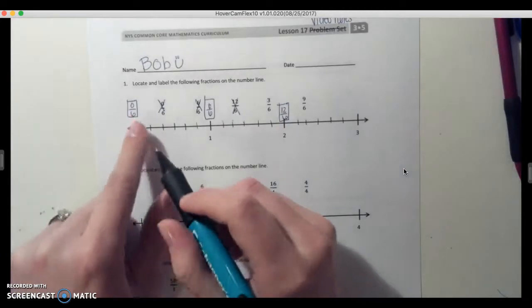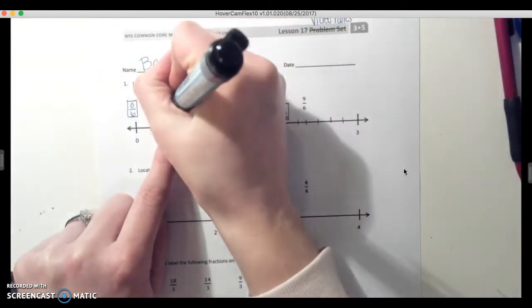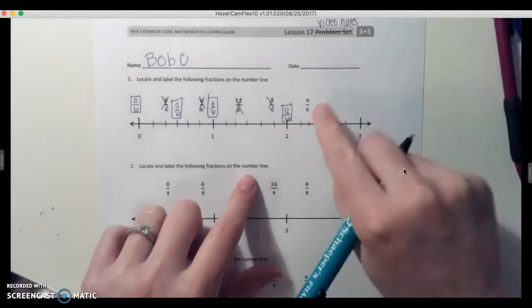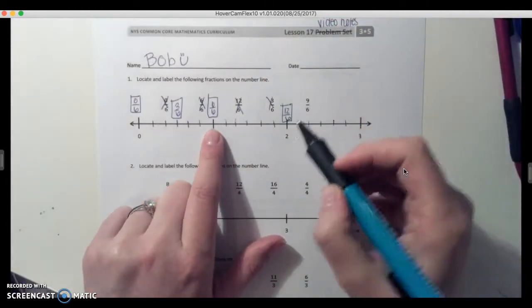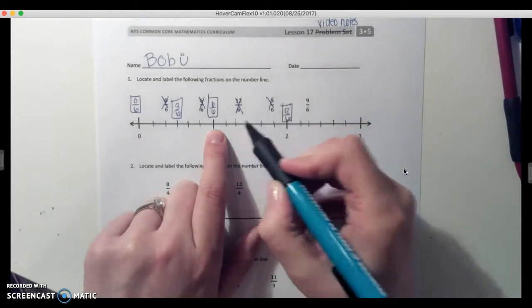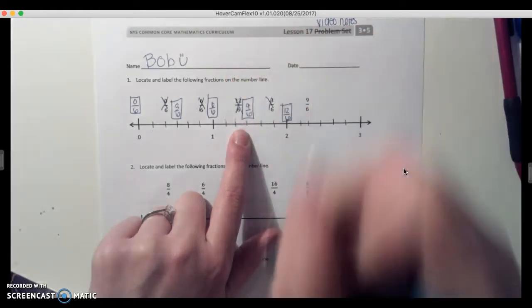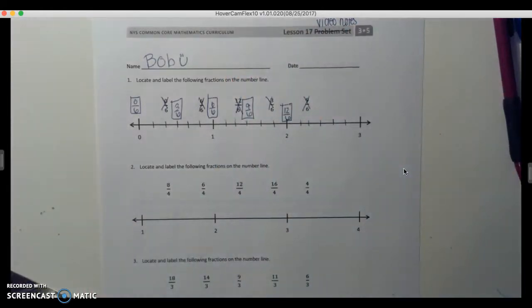We'll start here: 0/6, 1/6, 2/6, 3/6. And then cross that out. And 9/6. So I will go to the 6/6 and say 7/6, 8/6, 9/6. So now we have all of those labeled.